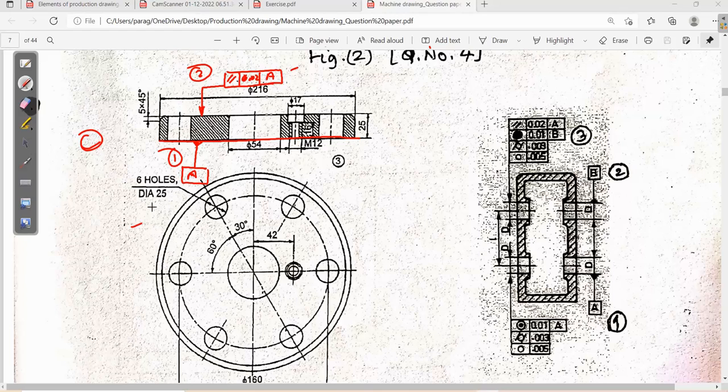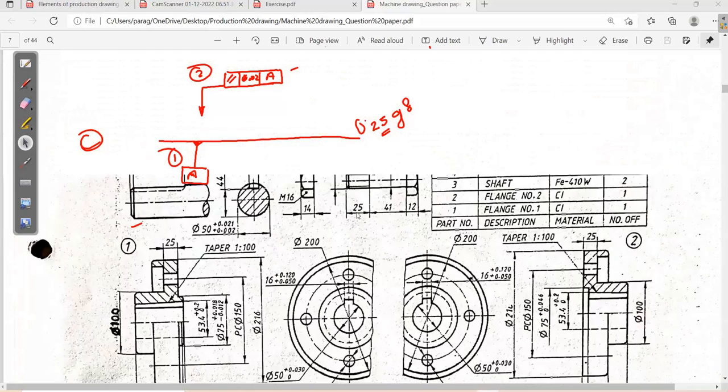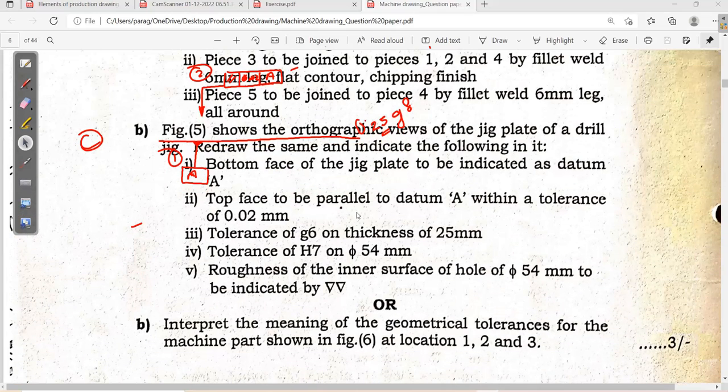So again you have to draw this diagram. Here you can write 25 G8. This is how you write the tolerance. Instead of that you should write 25 G8. That is the third one.